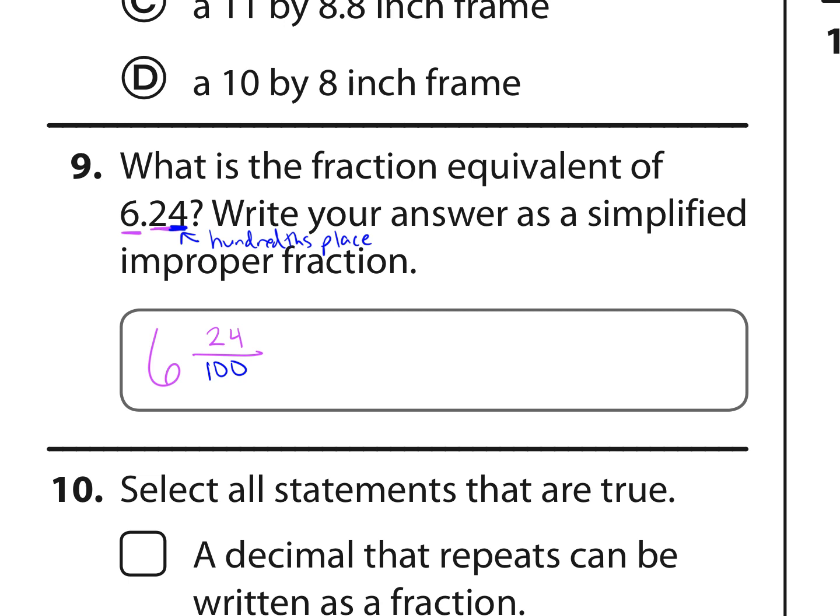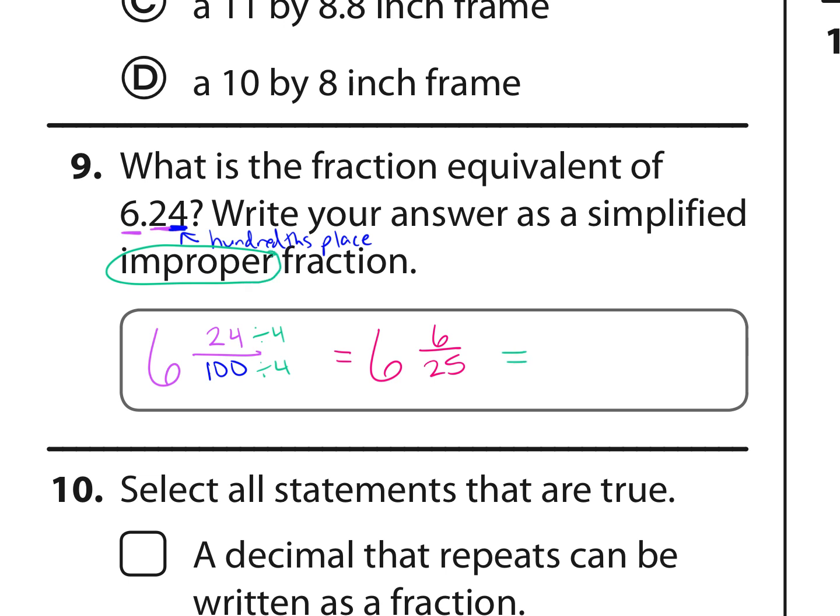Now I'm just going to rewrite this because 24 over 100 does reduce. You could quickly notice that they're both even numbers, but we want to think of what's the largest number they'll both divide by, and they'll both divide by 4. So we get 6 over 25. Now, normally that is the form that we want to write these in, as a mixed number, but this specifically says to change it to an improper fraction.